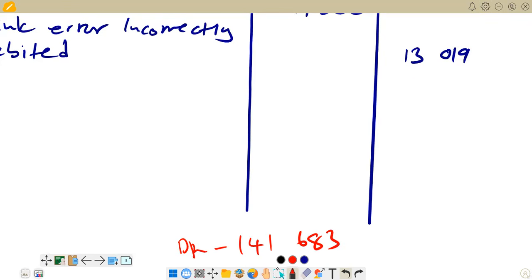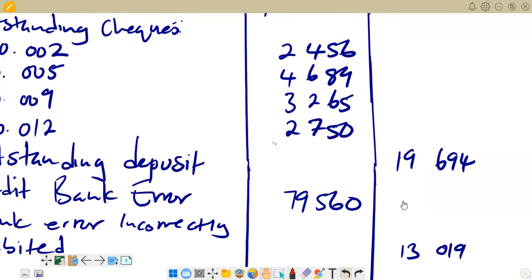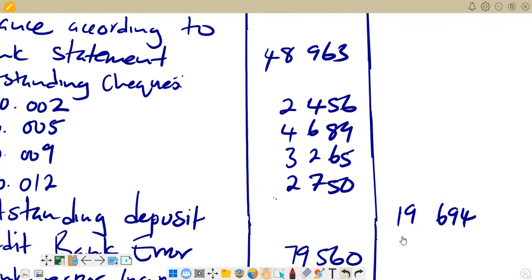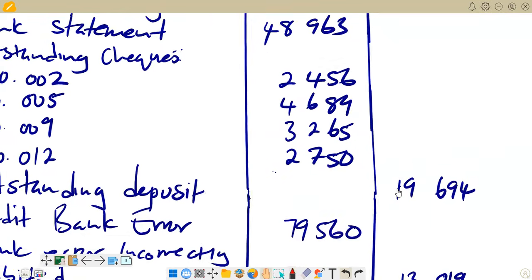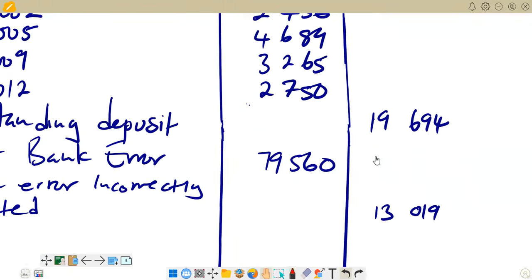And then for the total for the credit, you add the ones that we have there. We are having only two figures. 19,694, and then we add 13,019, and then we get 32,713.